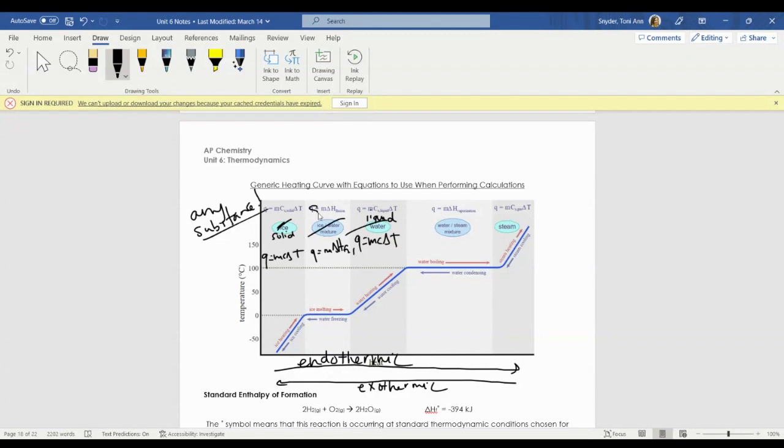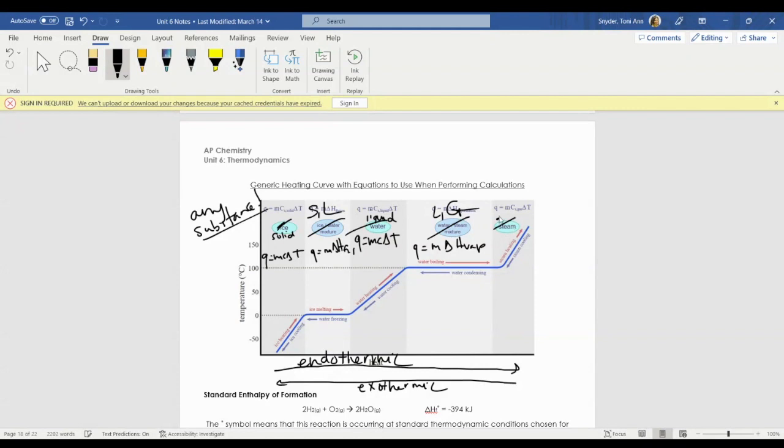If I am changing from a liquid to a gas, I can calculate how much energy is needed to undergo that process by using the equation Q is equal to M times the enthalpy of vaporization. Very similar to the enthalpy of fusion, I'm just changing the constant, whatever the value is for that substance based on intermolecular forces.